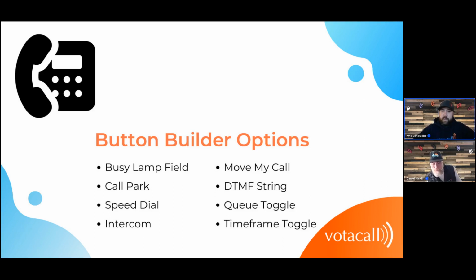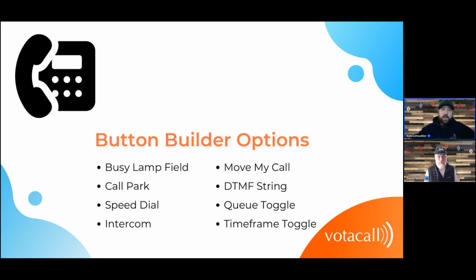Then whenever Dan is on a phone call, his button lights up red, and if he's not on a call, it is green. I can also push his button to give him a call, or use it to transfer a call: I hit transfer, push his button, and that is a direct transfer right to Dan. That is probably the most commonly used button, for coworkers.